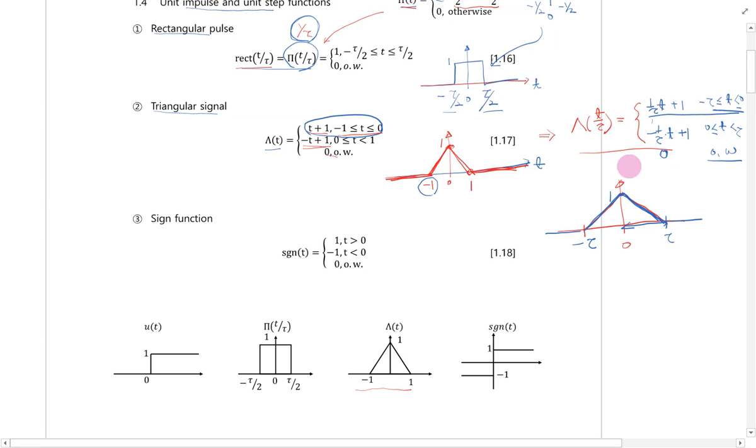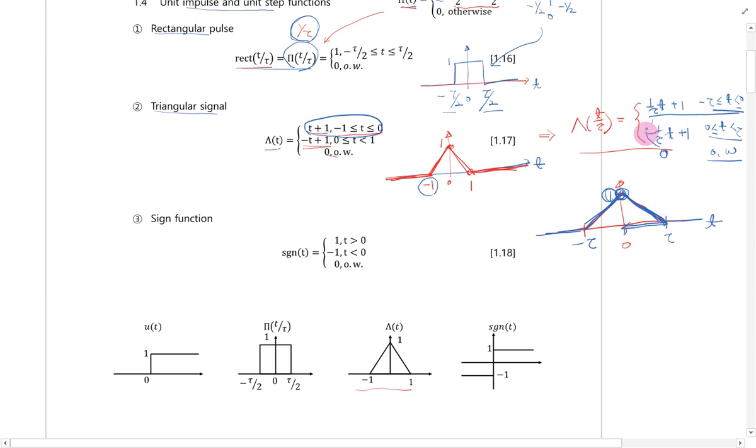If t is less than minus tau, then it's 0. If t is between minus tau and 0, then it follows this curve: the slope is 1 over tau, and the y-intercept is 1. If t is between 0 and tau, then it follows this curve: the intercept at the y-axis is 1, and the slope is minus 1 over tau.